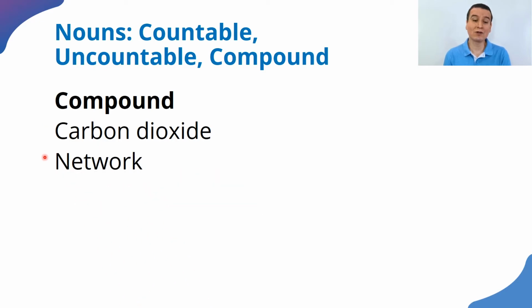Network is another compound noun, but you can see here that network is composed of 2 words. Yes, one is net, the other one is work, but they are together. Means that there is no space in between. For example, when we say software, they are 2 words together and they form a compound noun. All right?